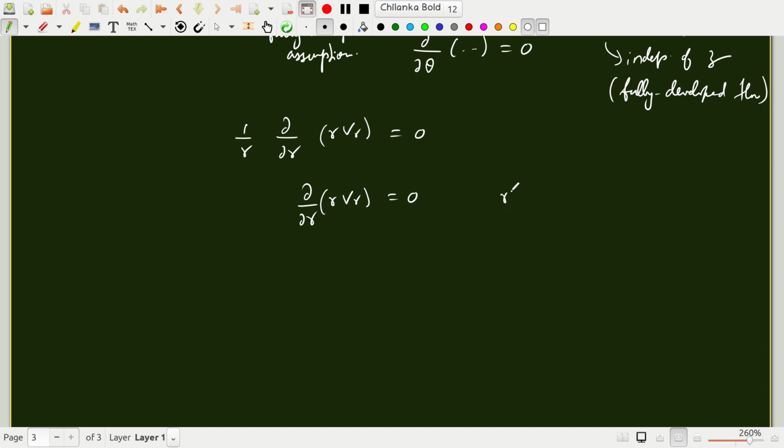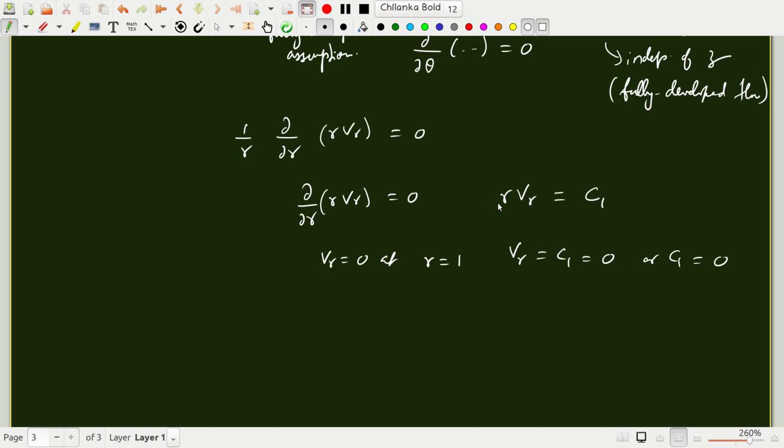If I integrate this once, I'll get r Vr is equal to some constant C1. Now Vr is 0 at r equal to 1 at the rigid wall. So if I put r equal to 1, I'll get Vr equal to C1 equal to 0, or C1 is 0. So that means that if at the boundary you have 0 velocity, then it is the same everywhere. This comes directly from the continuity equation.